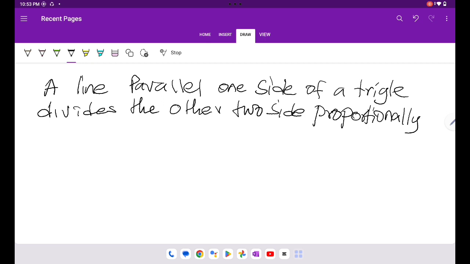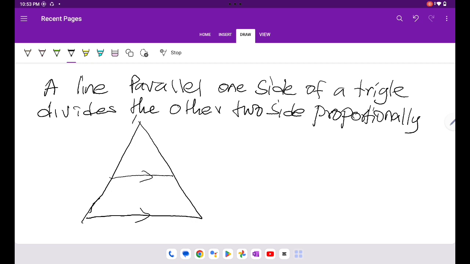So let's see what is really happening here. We have a triangle and a line which is parallel to one side. Let's say our triangle is ABC, and our line is PQ. So PQ is parallel to BC. This is the situation. We are required to prove that it divides the other two sides in the same proportion.